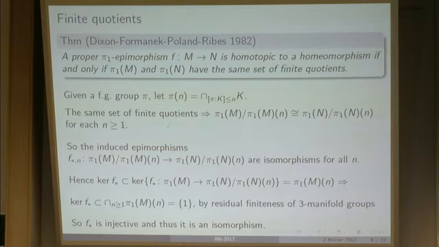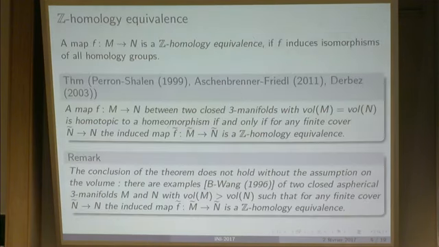And that's exactly what Perron-Chalène and then Derbez did. Now I want to use more basic invariants, which are integers, either the Betti number, or the rank, or the Heegaard genus.